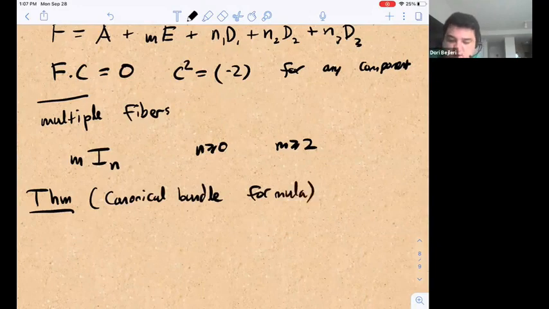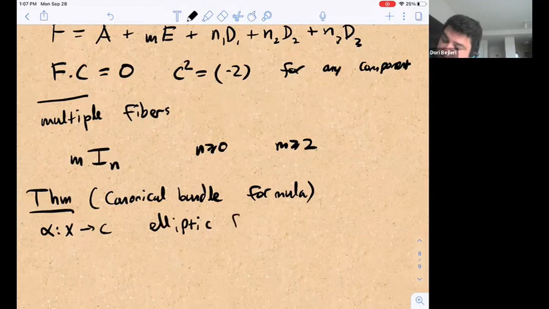Also due to Kodaira. So let's say that alpha is an elliptic fibration, where again, this means connected fibers that are genus 1 and C is a smooth curve. And everything's proper. And also we want relatively minimal.